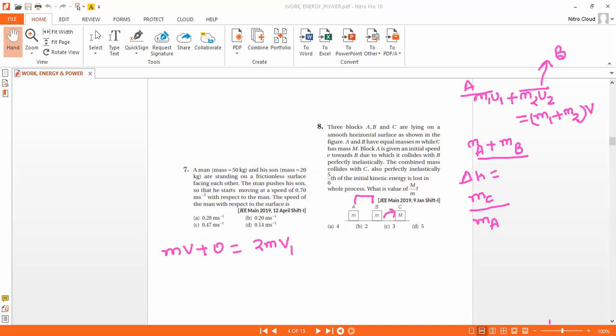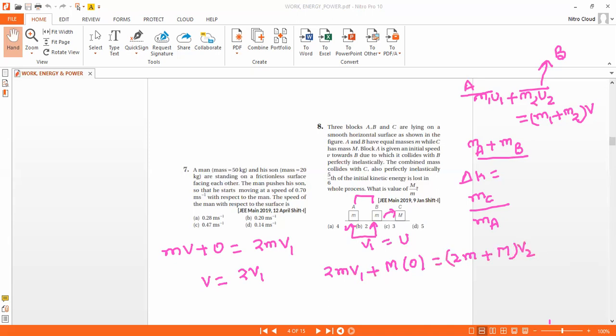So V is equal to 2v1. Whatever final velocity we got for A and B will act as the initial velocity for the combined mass and C. So initially 2m v1 plus capital M into 0 is equal to 2m plus capital M into v2.